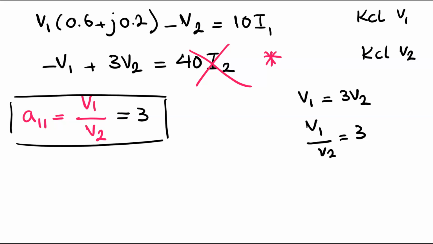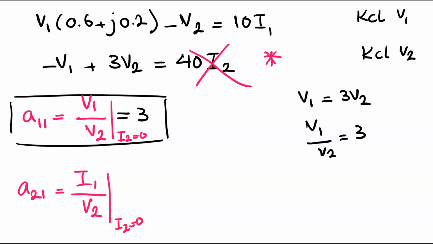For the second parameter, what I'm looking for is the relationship between I1 and V2. Remember that we made the assumption that I2 is equal to 0. So this time I have to use my first KCL. In my first KCL, I can replace V1 with 3V2.